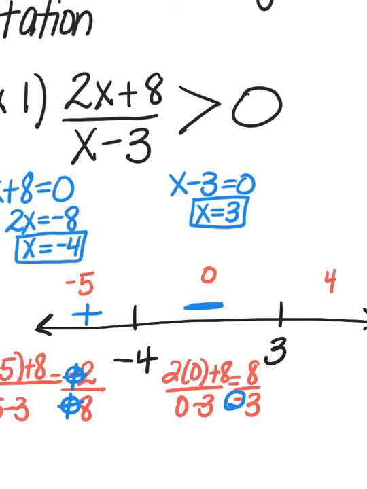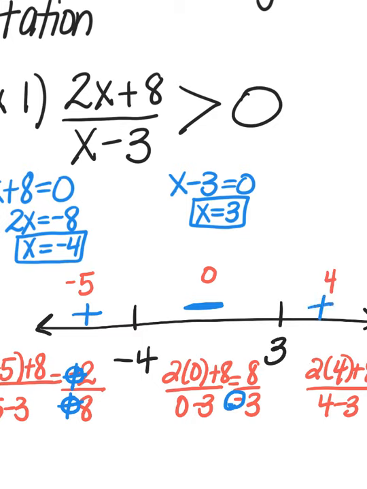Now when I plug in 4, I have 2 times 4 plus 8 over 4 minus 3. Well, 2 times 4 is 8, plus 8 is 16, over 4 minus 3 is 1. So I have two positives, so of course my output would be positive.